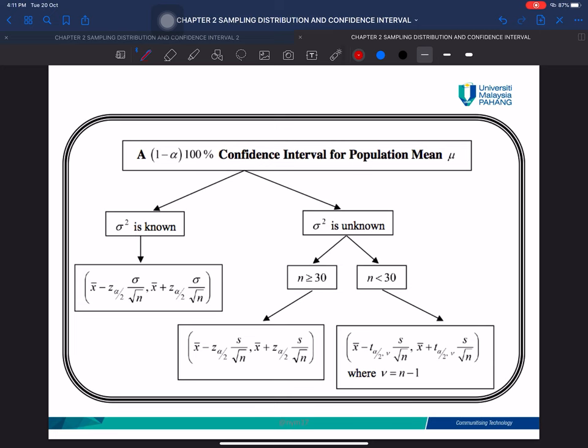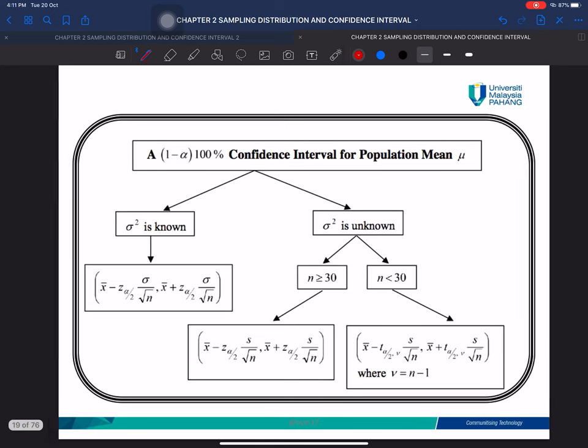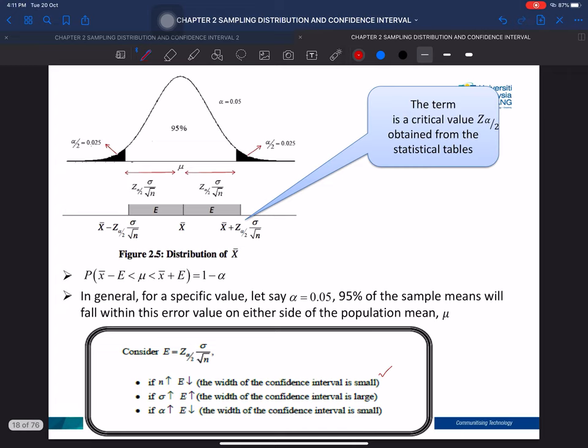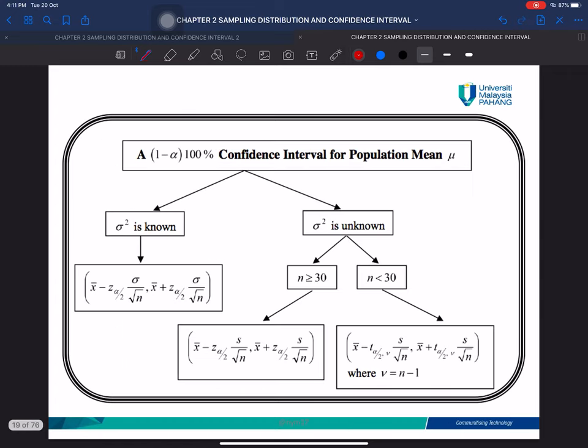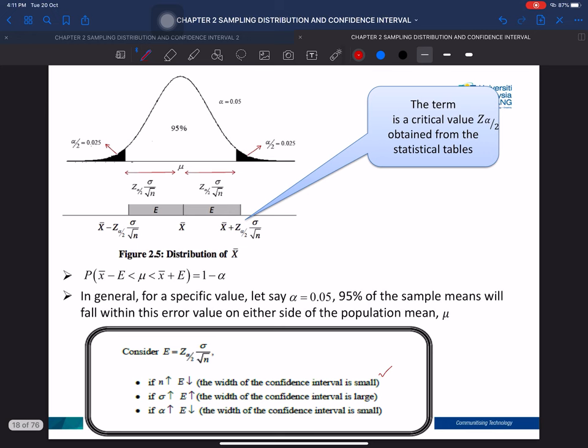So, the confidence interval for the population mean. We already discussed this in the video of 2.1, but here you can see the figure, an illustration of the lower limit and also the upper limit. This is the distribution.